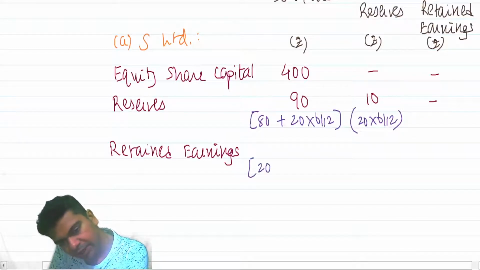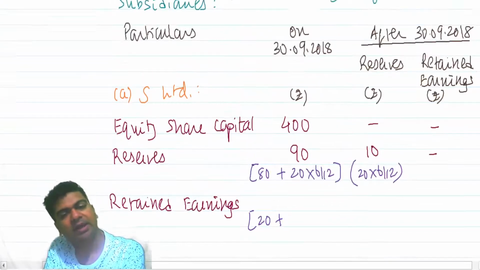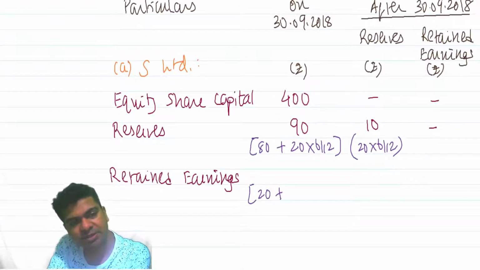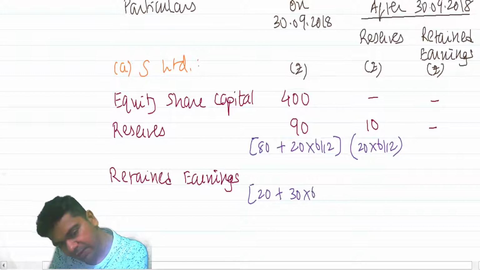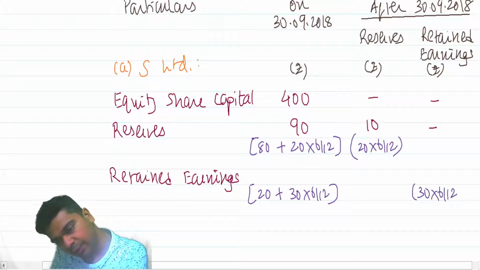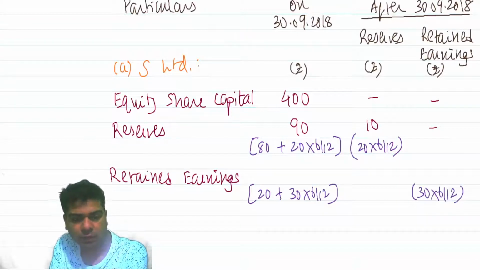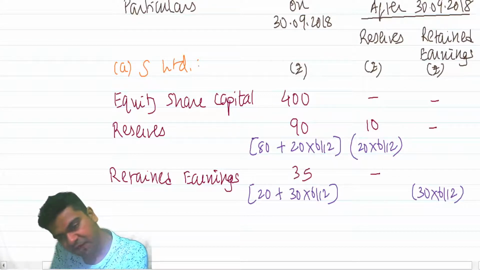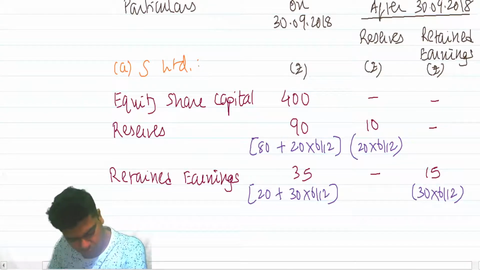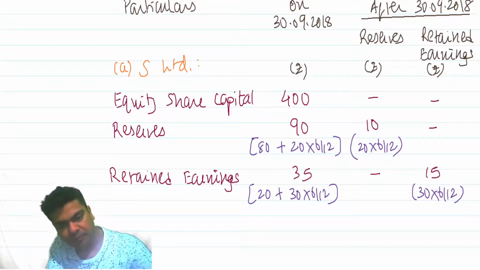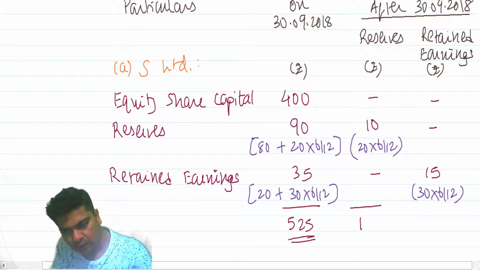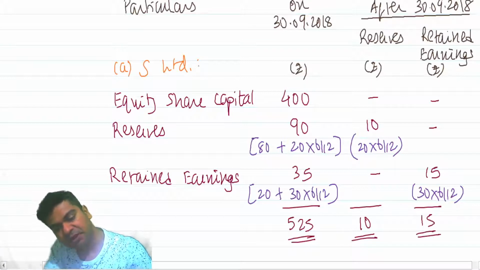So I say here 20 plus the increase in the retained earnings during the year has been 30. First 6 months will be up to 30th September, so I'll multiply that by 6 by 12. While here it will be 30 into 6 by 12. This is turning out to be 35. This is turning out to be 15. 490 and 35. I take a total, 525. This is 10. This is 15.